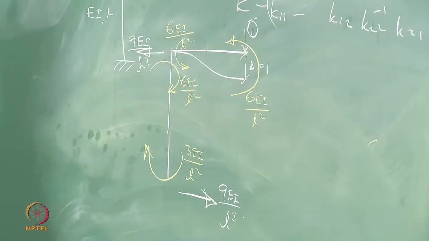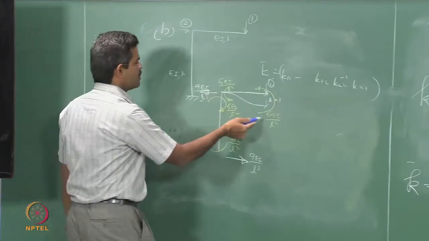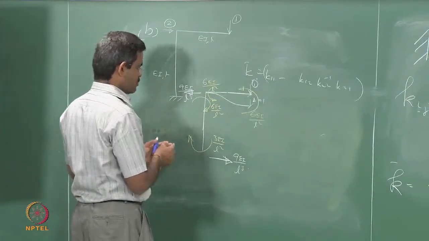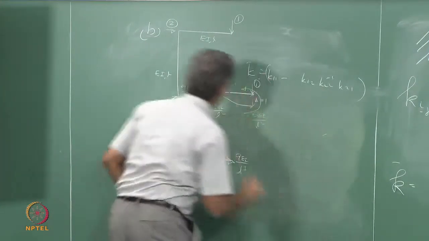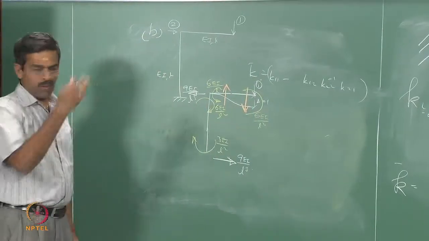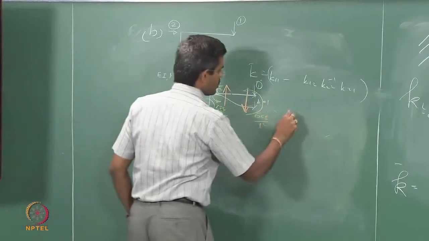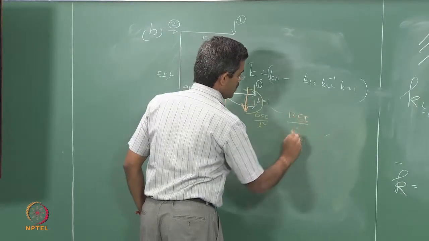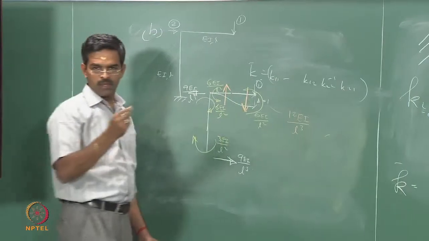And this has got a couple of 12 E I by L square, it has got to be balanced by a clockwise couple, and this value will be equal to 12 E I by L.